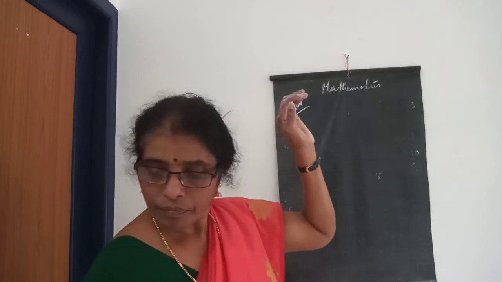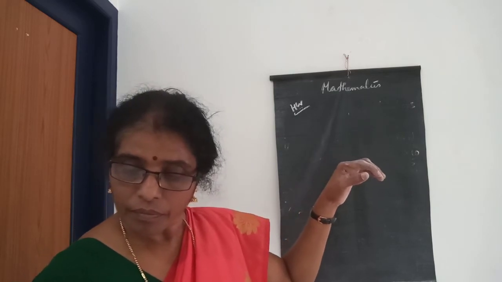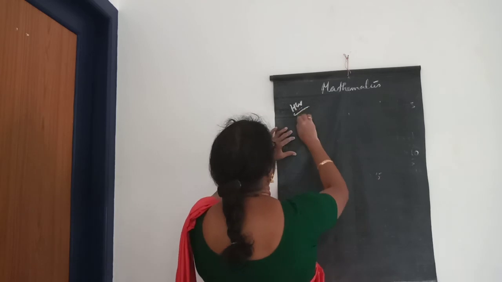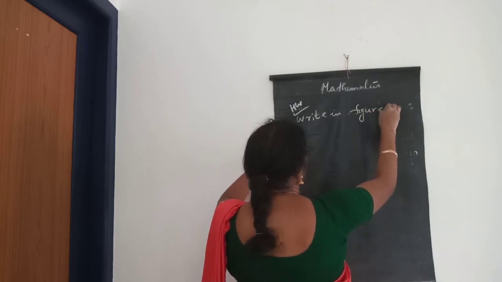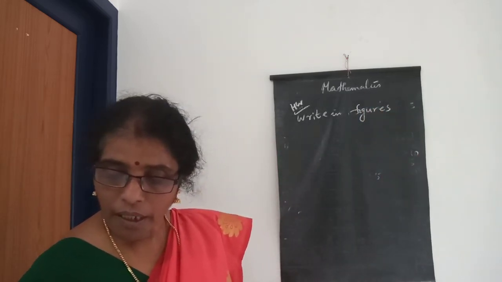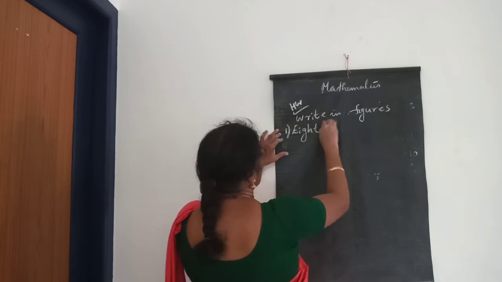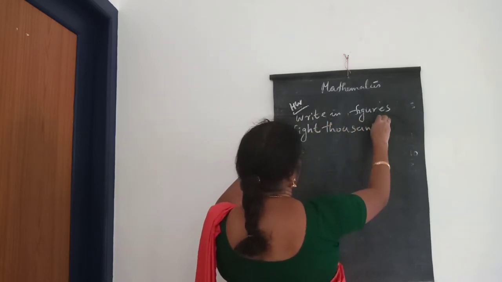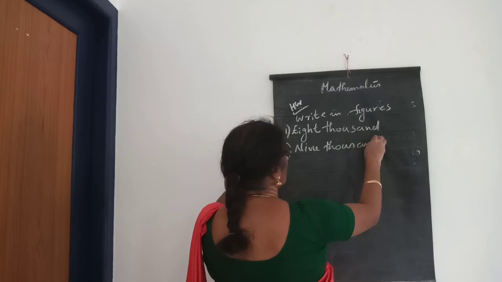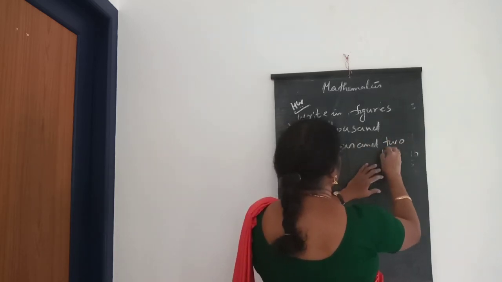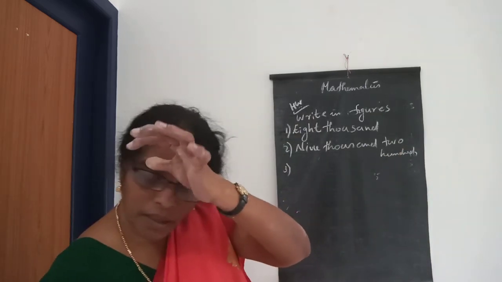Homework. Writing figures. Number 1, 8,000. Number 2, 9,200. Number 3, 6,400.